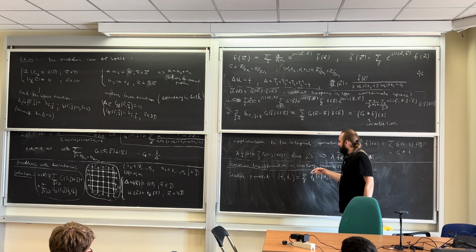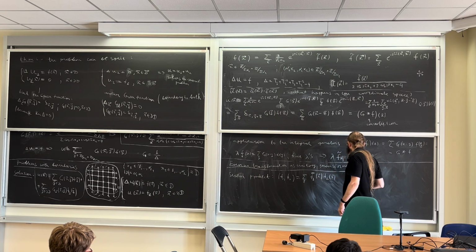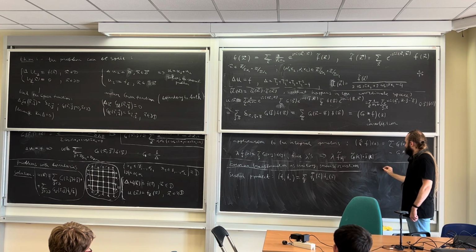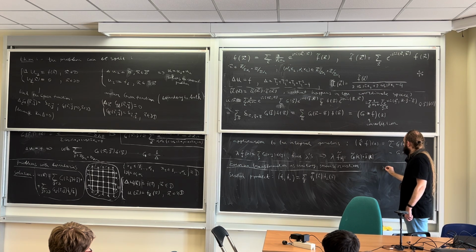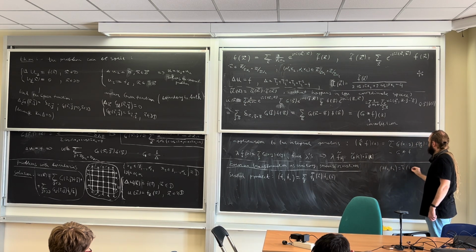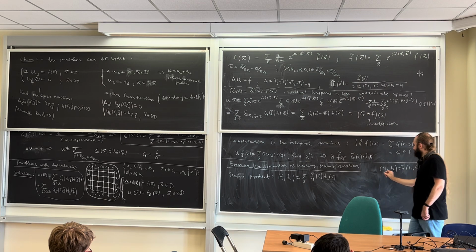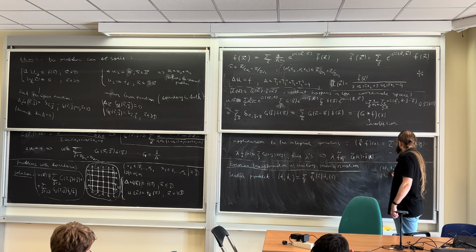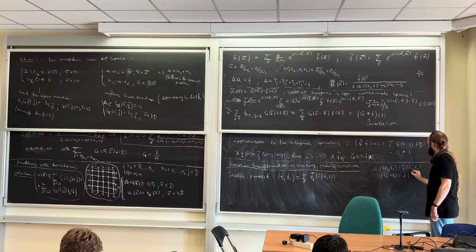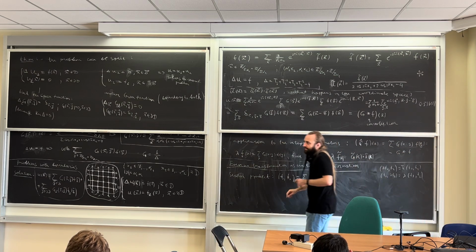I don't remember how it is called, but maybe it's called the unitary scalar product, so that lambda f1 f2 equals lambda bar f1 f2, and f1 of lambda f2 equals lambda f1 f2.